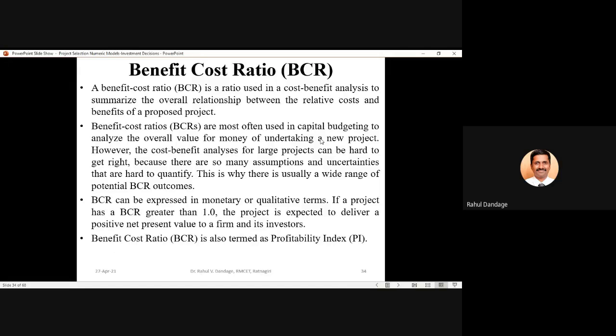So whatever we calculated in the previous methods, that is the present value of the future benefits or future cash flows, we have to calculate the same thing here also.